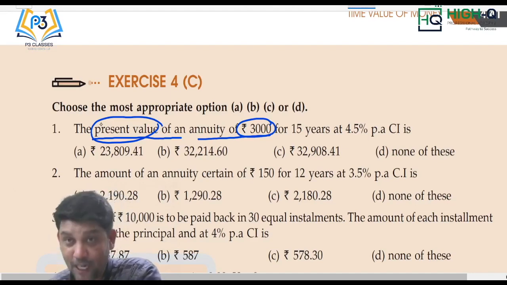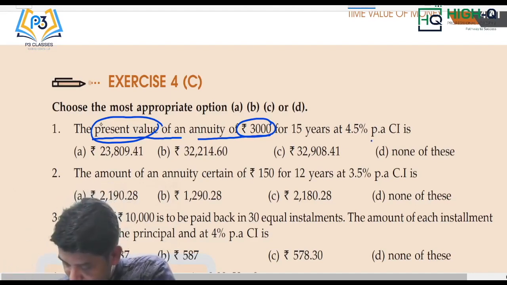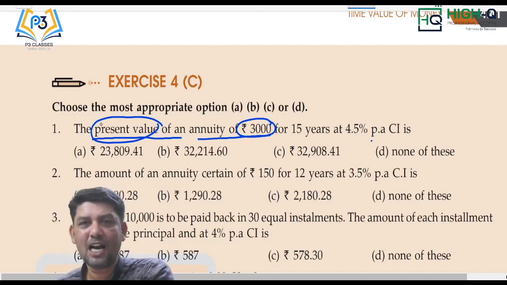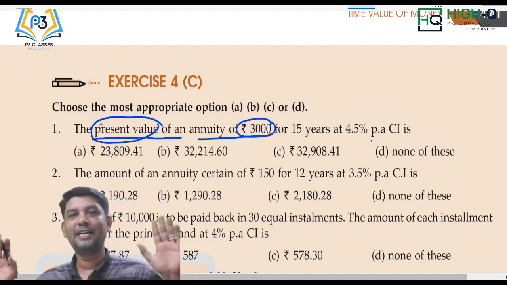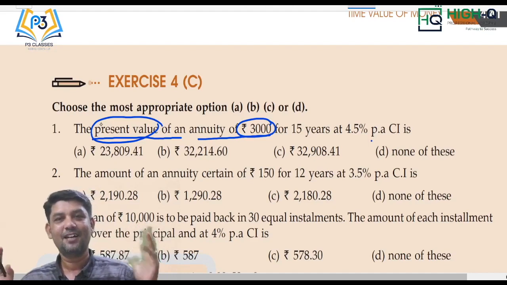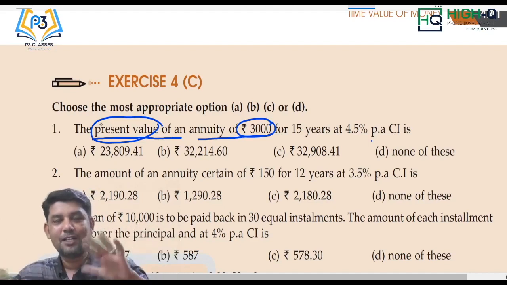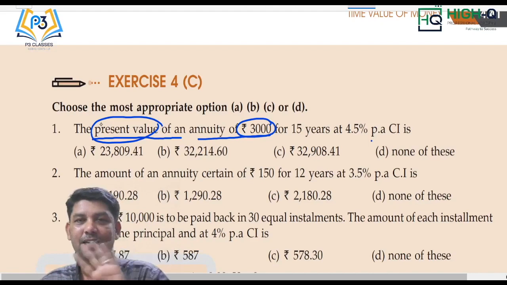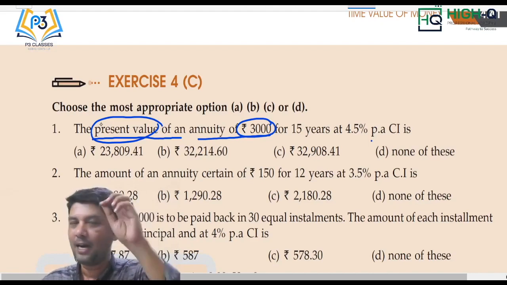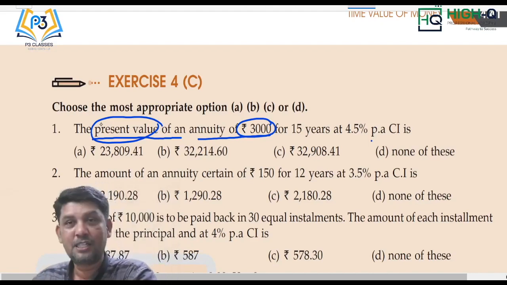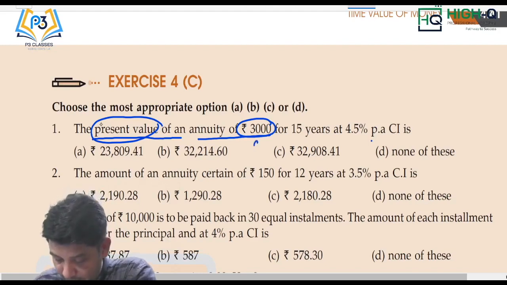Now, the third thumb rule, compound interest. It is per annum, as they have not mentioned half yearly or quarterly. That means by default it is annual, so you're not going to change any values. N remains the same, I remains the same, so a simple formula applies. This is my A, this is my N, and I is equal to 0.045.